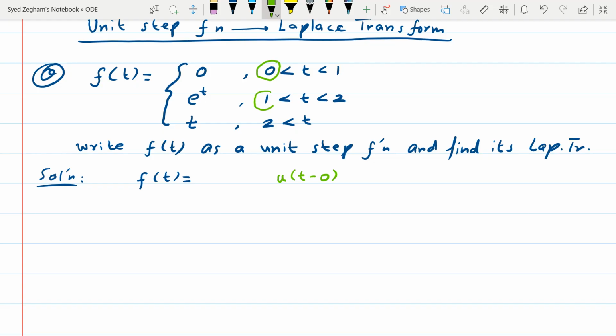Then in the second term, you might have guessed by now, we will have u(t minus 1), and then correctly you have guessed that yes, in the next step we will have u(t minus 2).